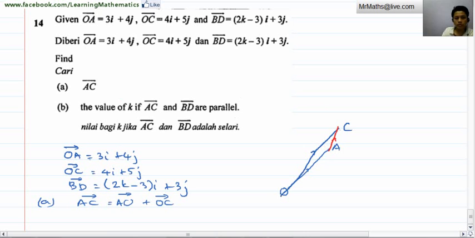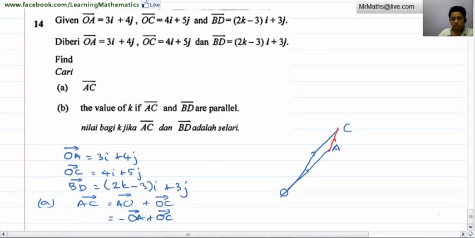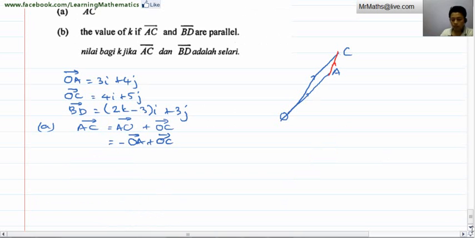Because AO is the inverse of OA, then it is minus OA. Let me just go step by step. Minus OA plus OC is equal to minus 3i plus 4j plus OC.